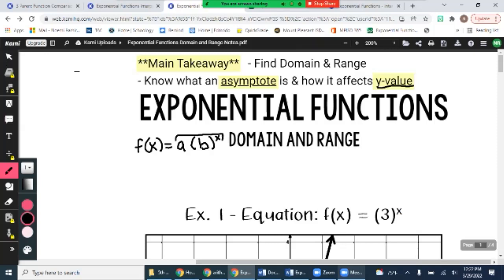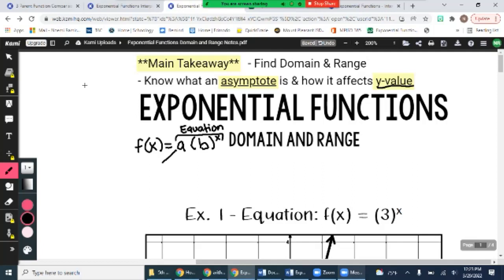So we're going to label this equation right here, or this formula. Anything that's on the other side of the equal sign, that is what we consider the equation. You get the variable A and B and X from the equation.